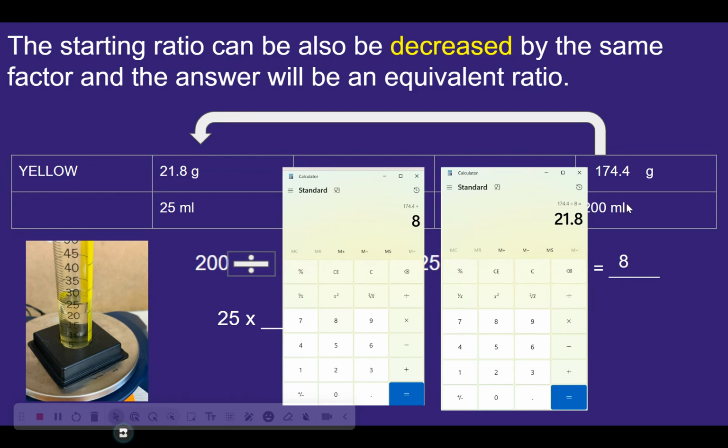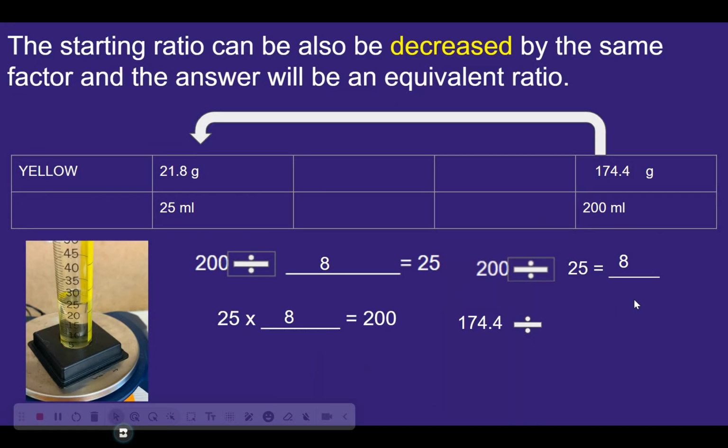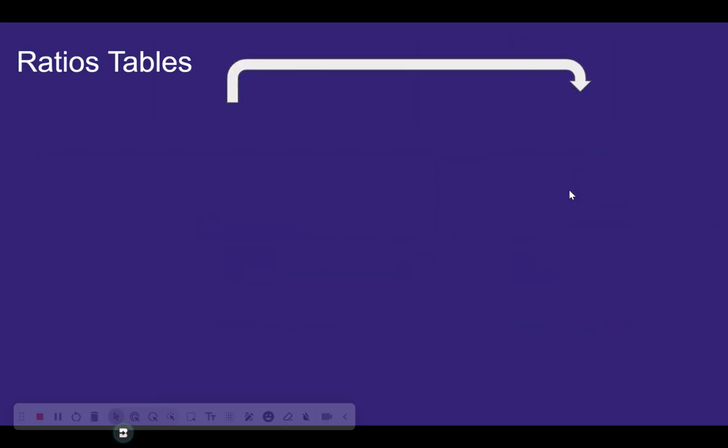But anyway, that was to figure out it's 8, right? But now it's 21.8. When I do 174 divided by 8, I get 21.8. I did that a little backwards because I already knew the answers. But you can use a calculator on your Chromebook or in the drawer to figure those out.